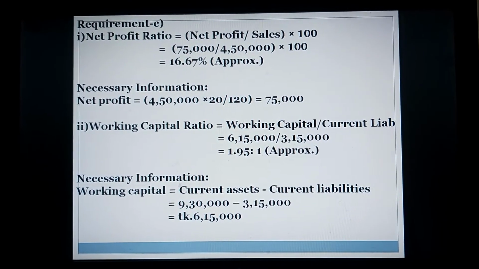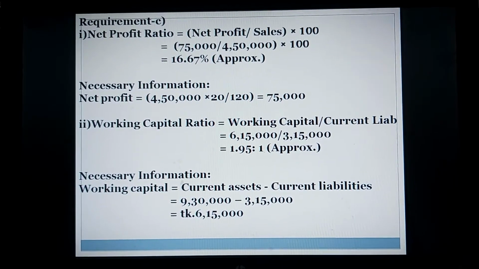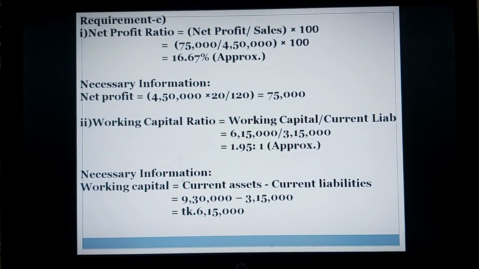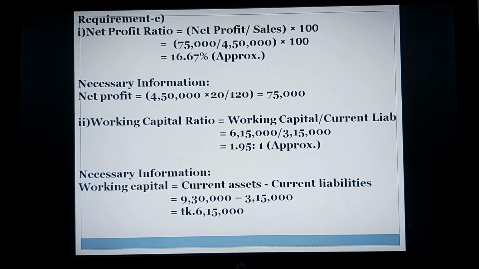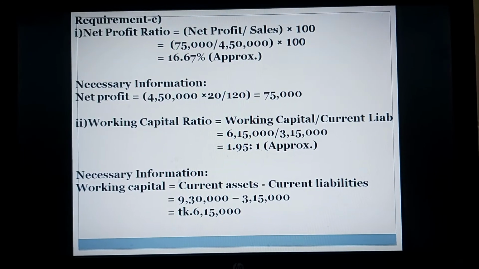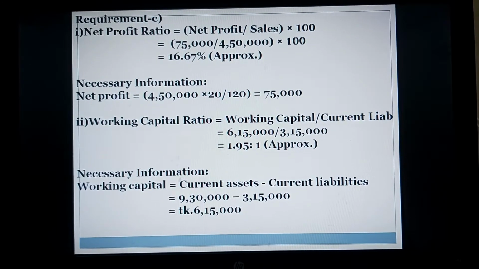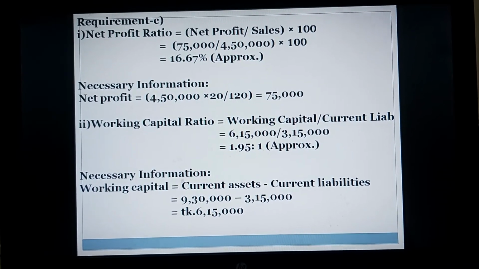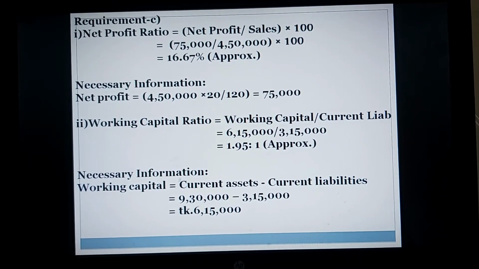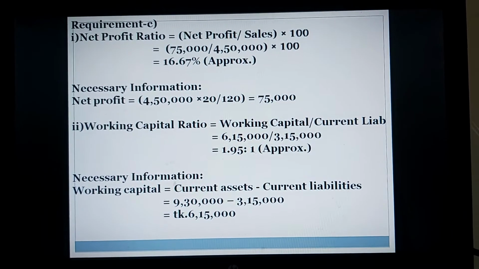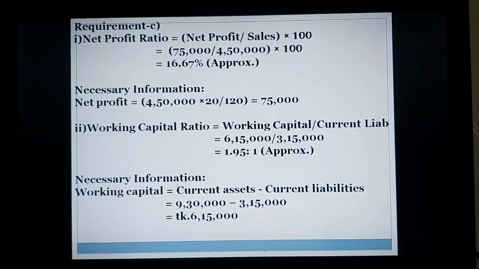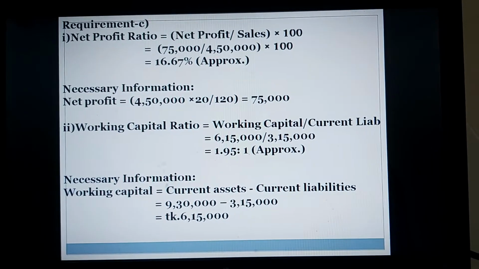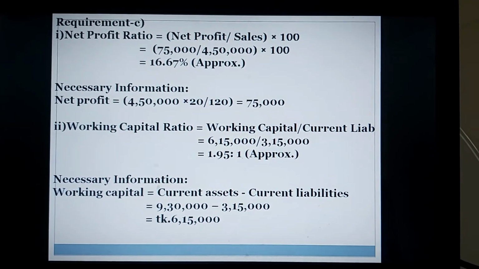In this stem, net profit is not available. How to calculate it? Necessary information to be taken for calculating net profit. You can see in the necessary information, net profit is equal to sales value into 20 by 120, because net profit 20% on total cost is given as information in the question.